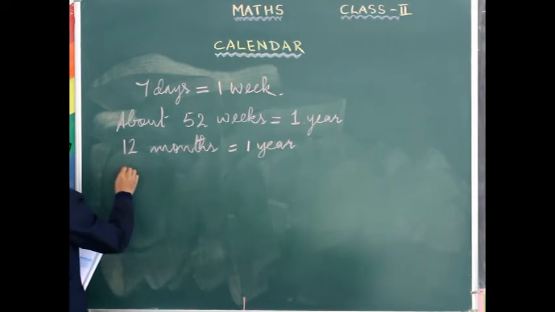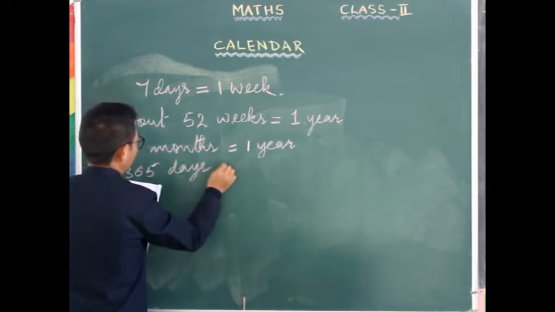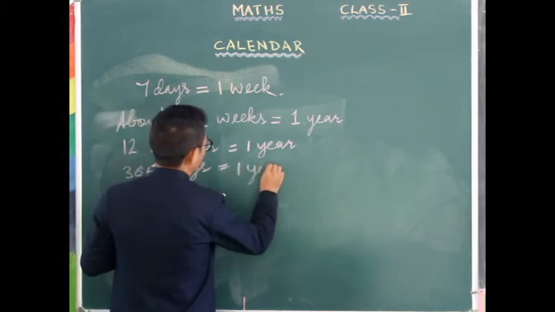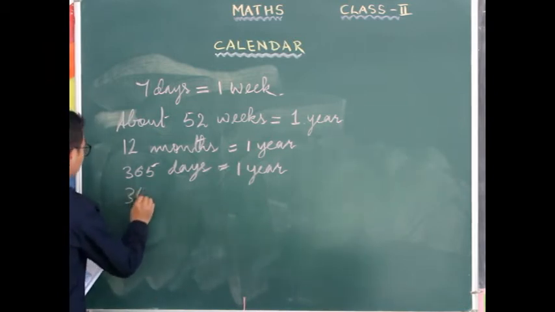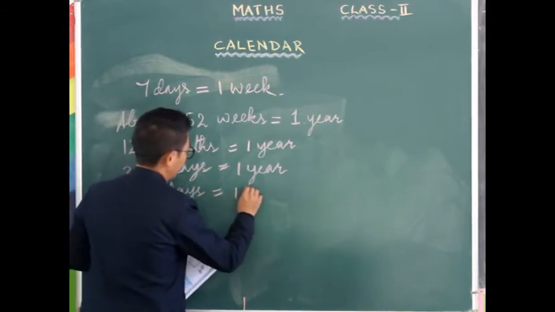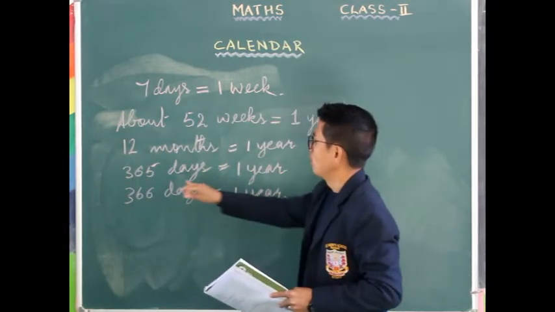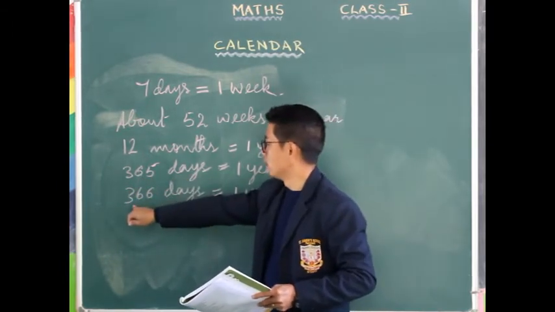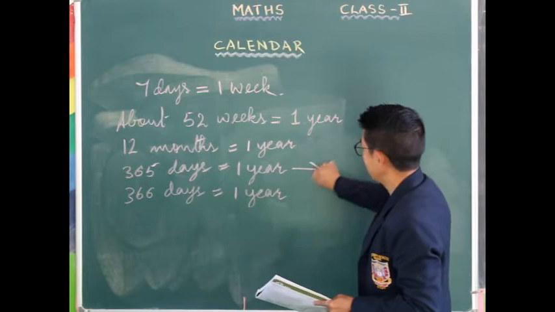Now next, 365 days is also equal to 1 year, and 366 days is also equal to 1 year as well. We have already learned how this 365 days and how this 366 days come in 1 year.